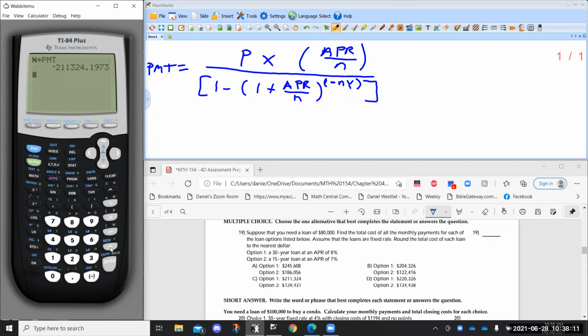So that immediately eliminates every option other than option C, because that's the only one with the rounded to the nearest dollar. There is how they rounded it. But let's go ahead and calculate option 2 just to be absolutely sure.